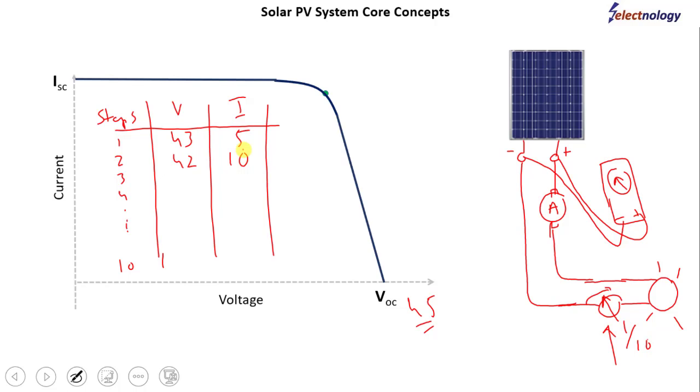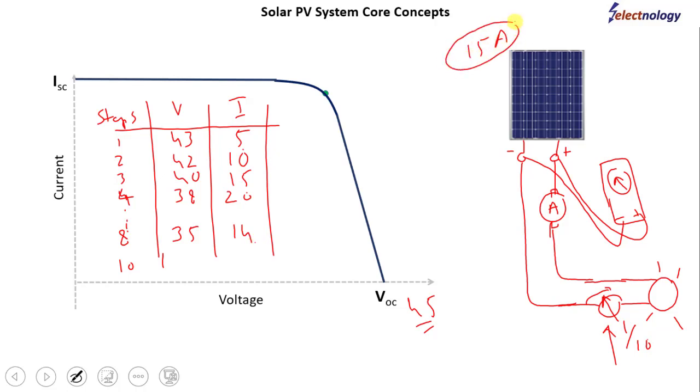Let's assume that at step 3 it is 40 volts and the current is 15 amperes. At step 4 we are at 38 volts and we have 20 amperes. Assuming that at step number 8 we have 35 volts and, let's say, 14 amperes, assuming this PV module can supply a maximum of 15 amperes.